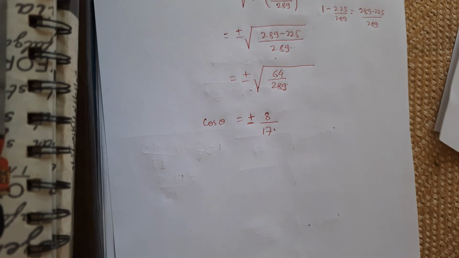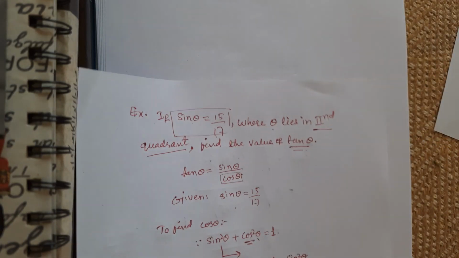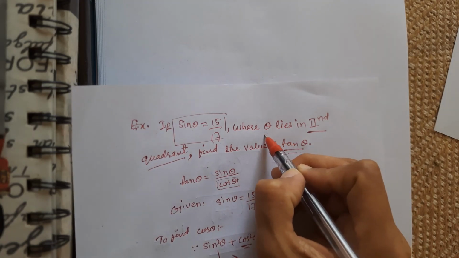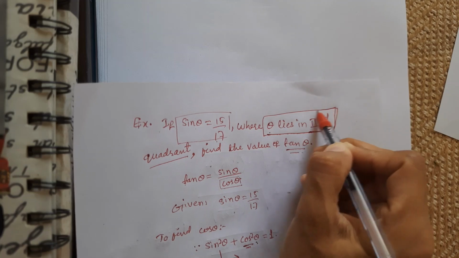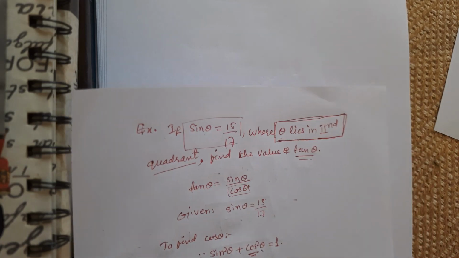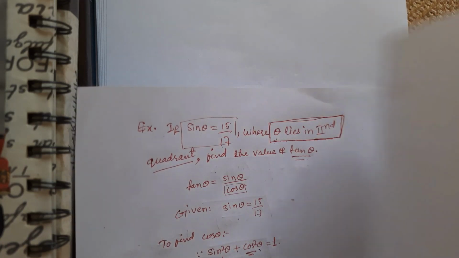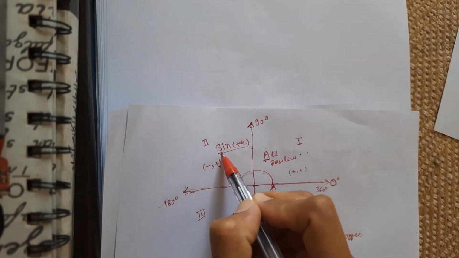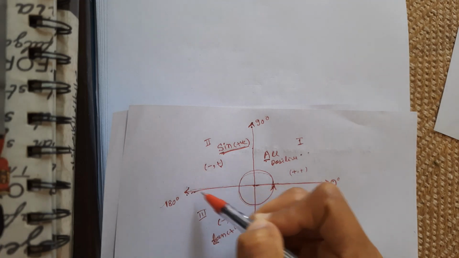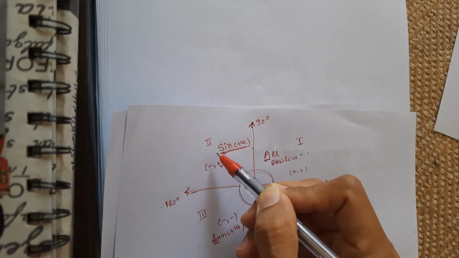Because I got plus as well as minus due to this square root. Here the information from the question comes to rescue us. It is given that theta lies in the second quadrant, and we have seen that in the second quadrant only sine is positive, all other values are negative.